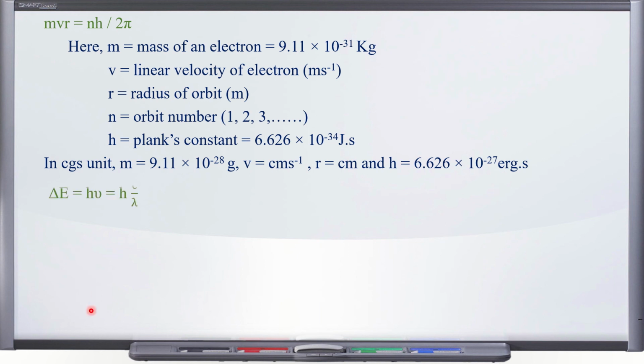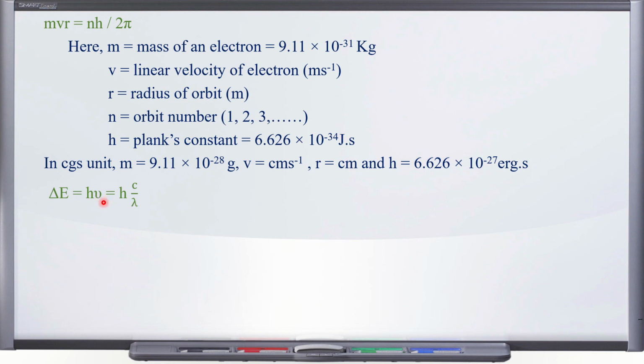Now you know that energy can be determined by using this formula, delta E equals h nu, or delta E equals h into c by lambda. But by using this formula, when you determine the energy of an electron, then you have to know the wavelength of light or frequency.